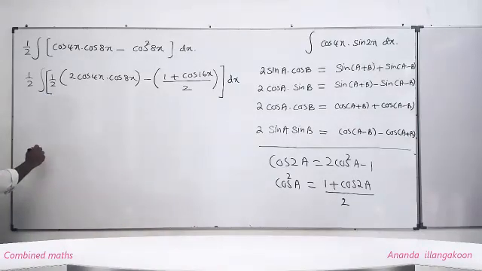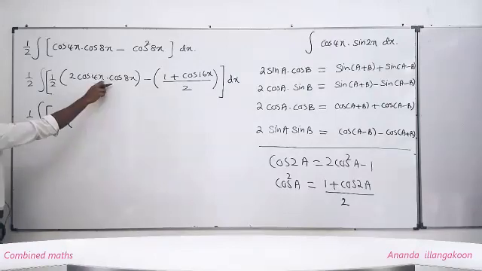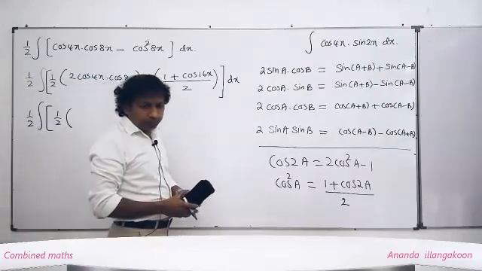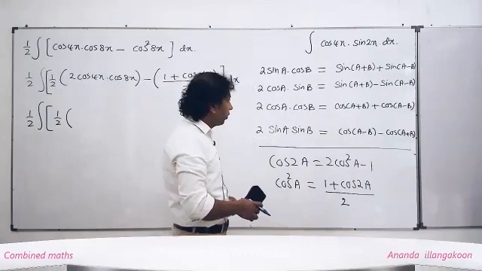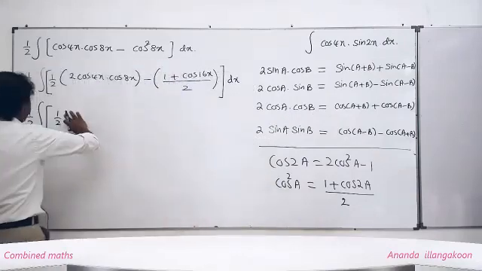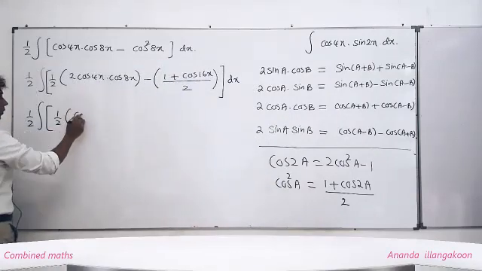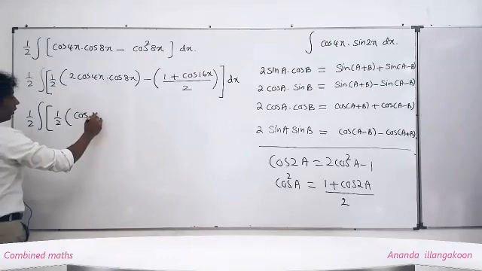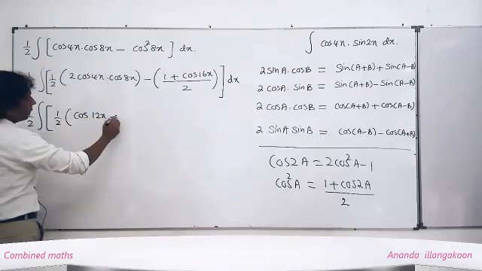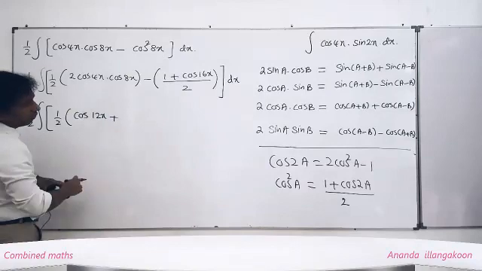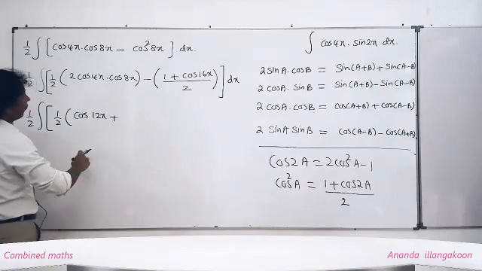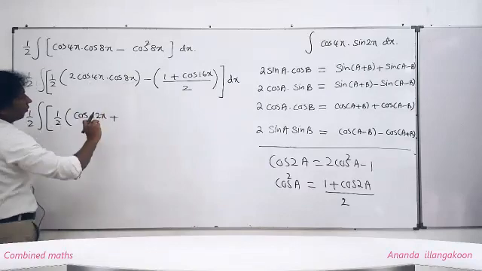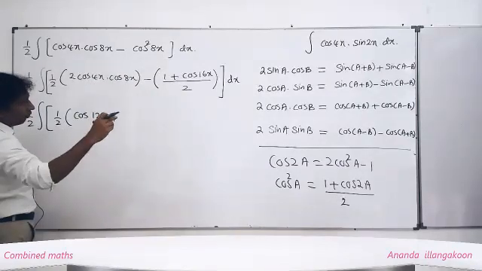Now people, we can write, here we have half, no? Open bracket, 2 cos a cos b. This one, cos a plus b plus cos a minus b. Cos a plus b, then 12x, plus cos a minus b, 4x minus 8x, minus 4x, but since we write cos, no?